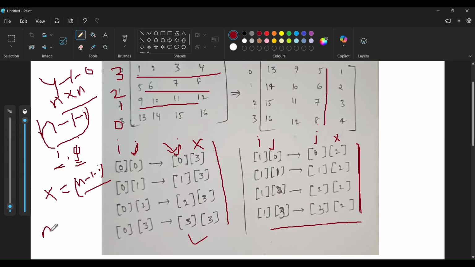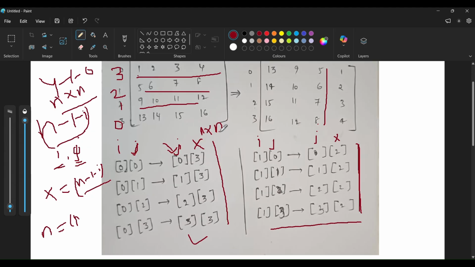Here n means you can call it the matrix length also, right? If you write matrix length, it means the number of rows present in the matrix. That's it. And the matrix is n cross n, which means number of rows times number of columns.